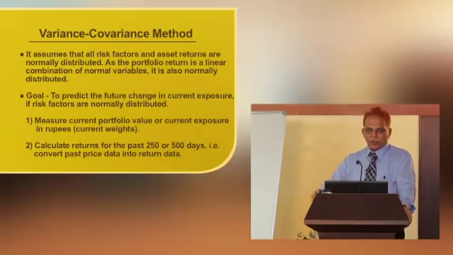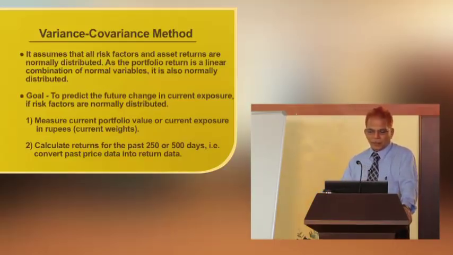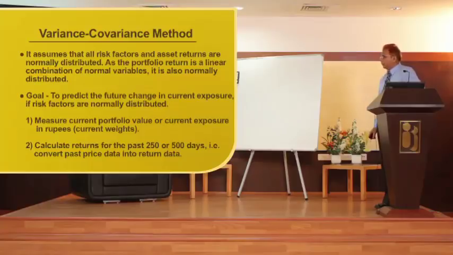Variance-Covariance method assumes that all risk factors and asset returns are normally distributed. As the portfolio return is a linear combination of the normal variables, it is also normally distributed. That is one of the presumptions which the Variance-Covariance method assumes.